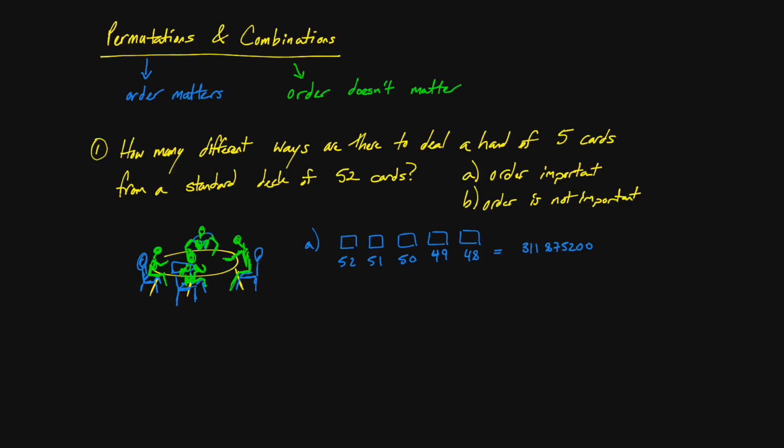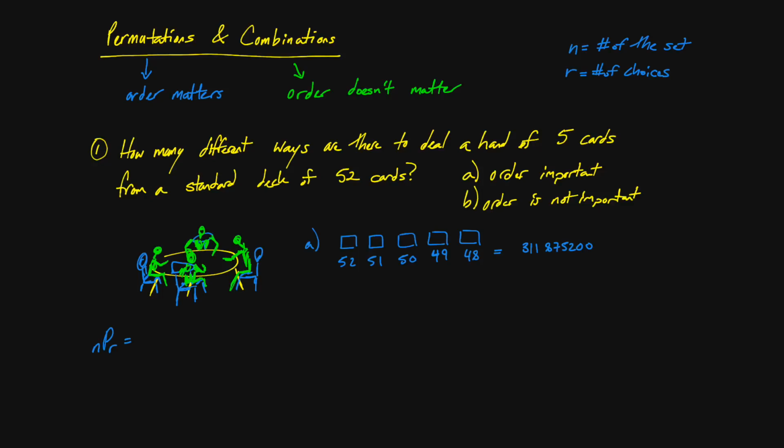Now, that's how we did it with this step, but it's actually a really nice formula for this. So in this case, for permutations, we actually have a formula, and I'm going to put it down at the bottom left, nPr. In this case, n is the total number of the set, and r is the number of choices.